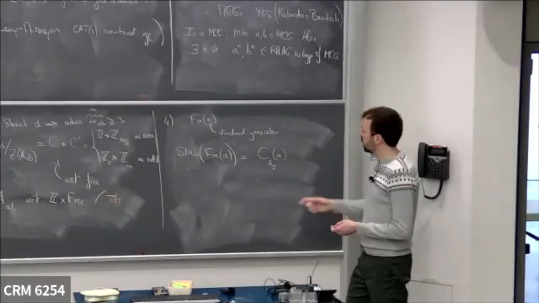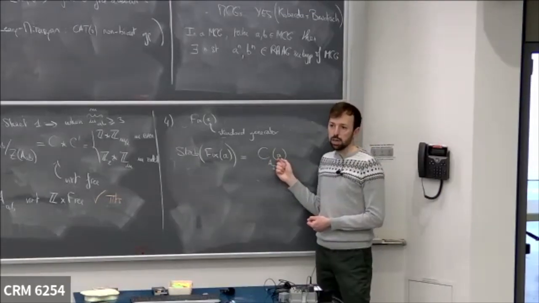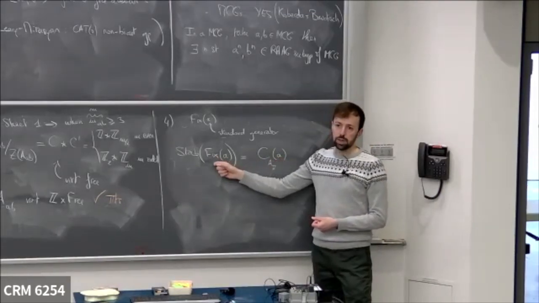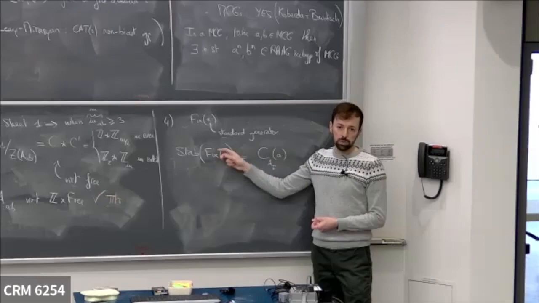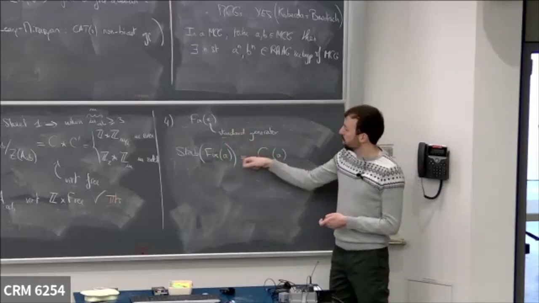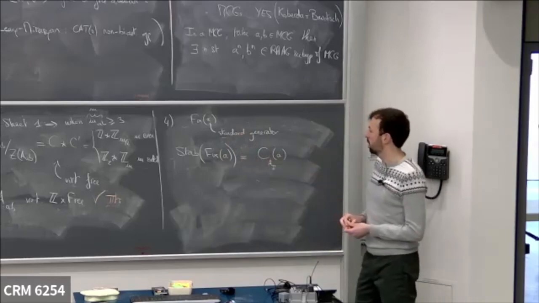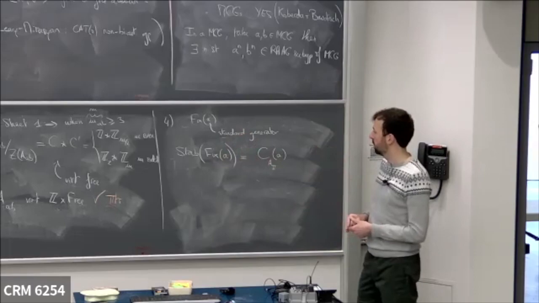So there's one inclusion that is clear. If you have an element that centralizes A, it is going to preserve the fixed point set of A. It's just a bit of abstract nonsense, playing around with what this means. The other inclusion requires a tiny bit more work, but let's just admit it for now.